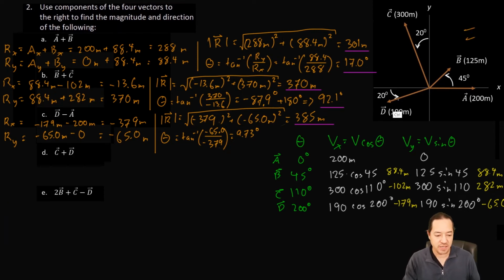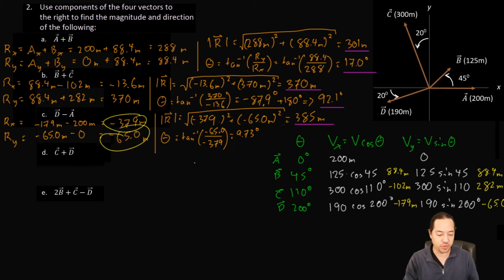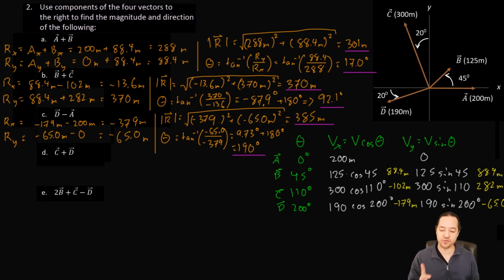But we can see our vector should be in quadrant 3 because we have negative for both the x and the y components. So our resultant should look something like that. We can tell we're off by 180 degrees again. So let's add 180 degrees, and this is going to equal 189 degrees. Or we can round it off, 190 degrees. Okay, so this is going to be our angle for part C.